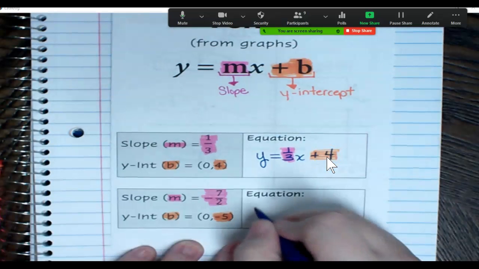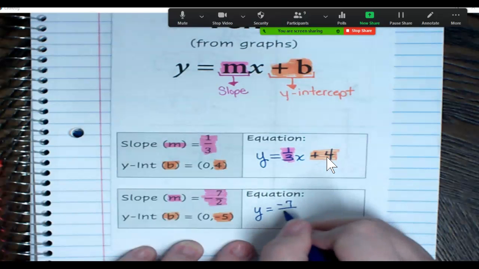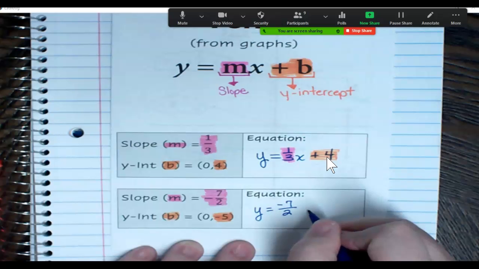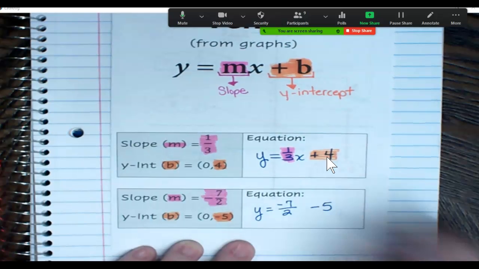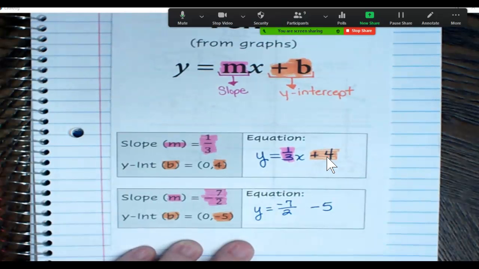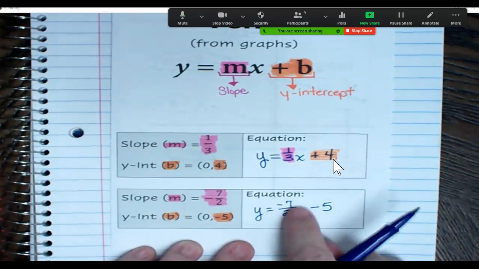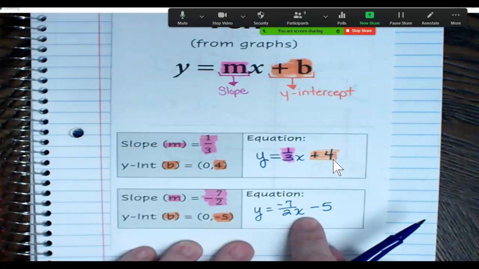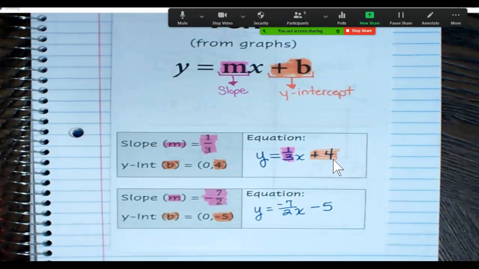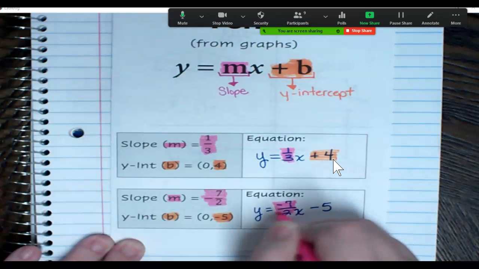Y equals negative 7/2 minus, is it minus -5 or -5? Just -5. Okay. But there's something missing. Look at this one and this one. What's missing? X. You just forgot the little x right there. -7/2 x minus 5. And again, I'll color code it so you can see how our pieces match up.